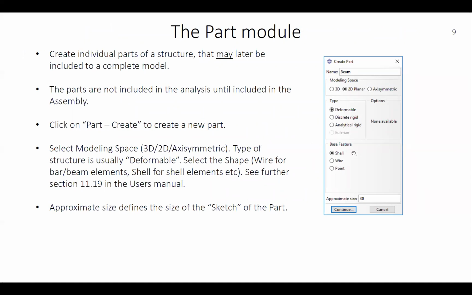So shell is kind of a generic definition. It doesn't include any plate bending, but here it's only the membrane component, which you will know as plane elements. I will have it in the 2D space.